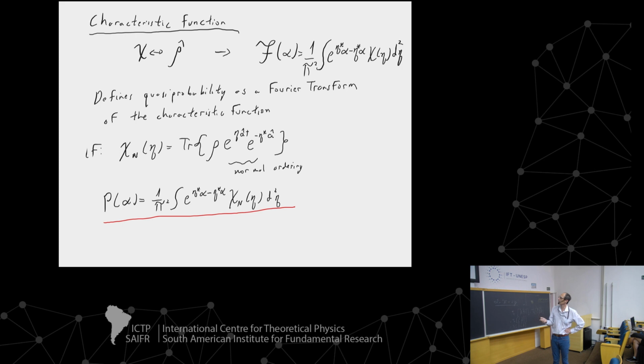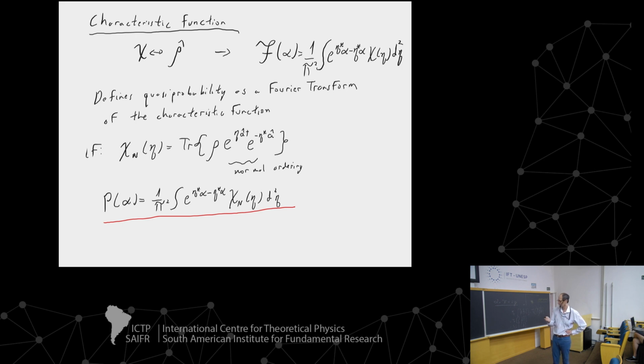When you do that normal ordering calculation, what you have is the P representation when you make the Fourier transform of chi of eta. It's another way of calculating.